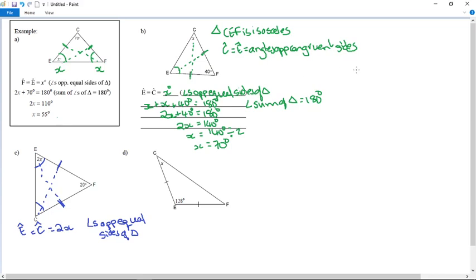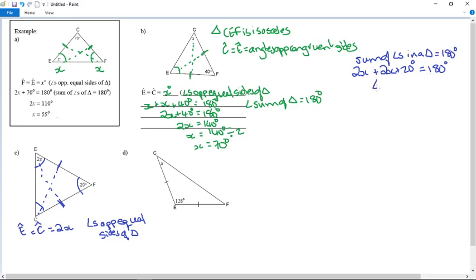So if angle E is 2x, then angle C is also 2x, and my last angle, angle F, was 20 degrees, and they are going to be equal to a total of 180 degrees, and the reason is the sum of the angles in a triangle is 180 degrees. Remember, we do nothing in geometry without writing out the rule. So now there's my geometry rule.